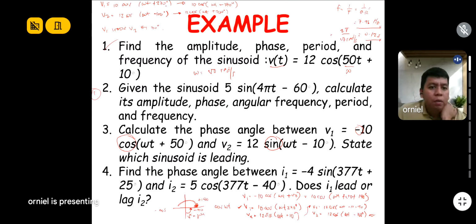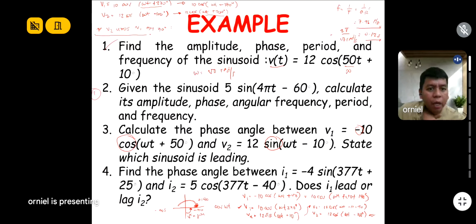So the phase difference between positive 230 and 260 is only 30 degrees. Therefore, it clearly says that V2 leads, sorry, V2 leads V1 by 30 degrees.